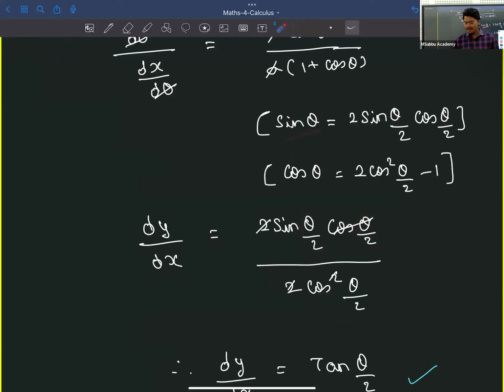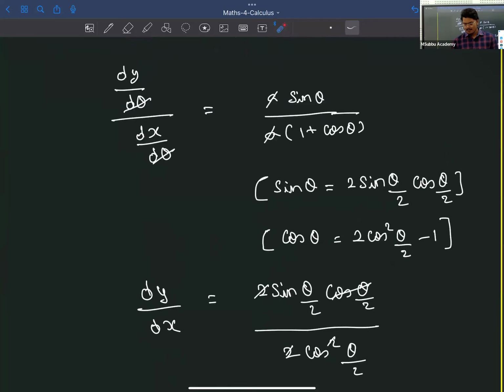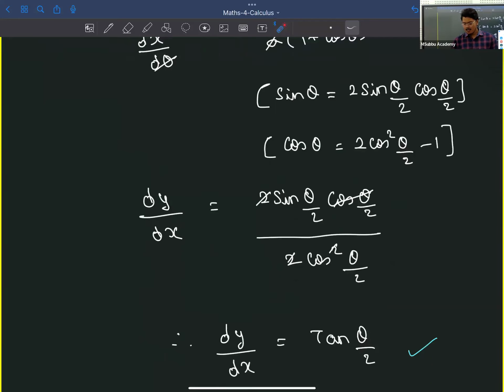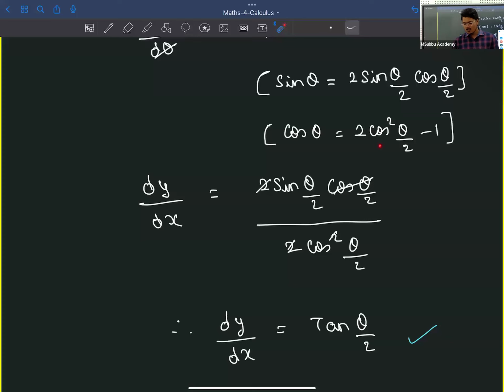This is an identity. Similarly for 1 plus cos theta, we know cos 2 theta is equal to 2 cos square theta minus 1.